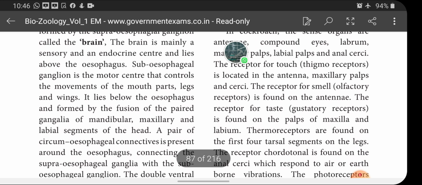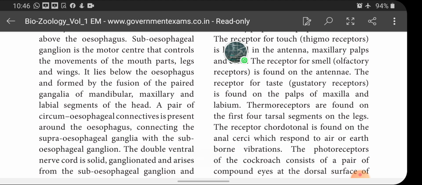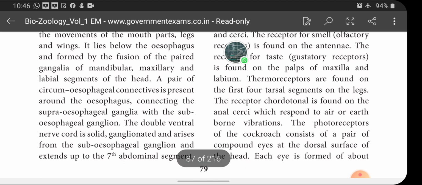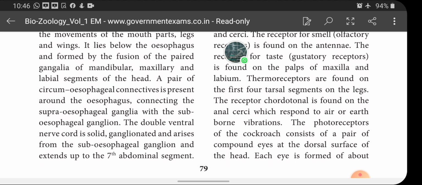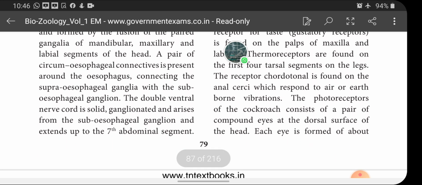The receptor for smell, that is olfactory receptor, is found on the antenna, and the receptor for taste, that is gustatory receptor, is found on the palps of maxilla and labium. Thermoreceptors are found on the first 4 tarsal segments on the legs. The chordotonal receptor is found on the anal cerci, which respond to air and earth-borne vibration.